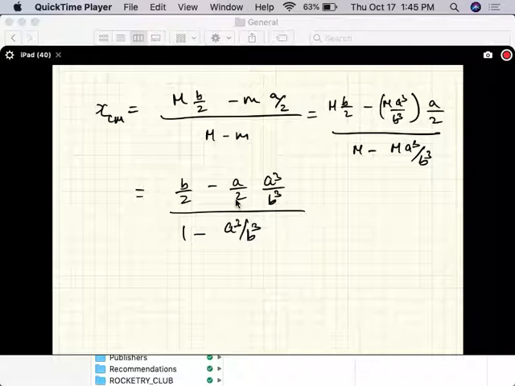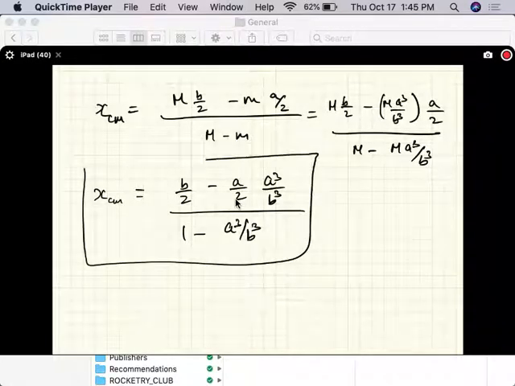So let's try and clean this up. Well, I guess I can't clean it up anymore.